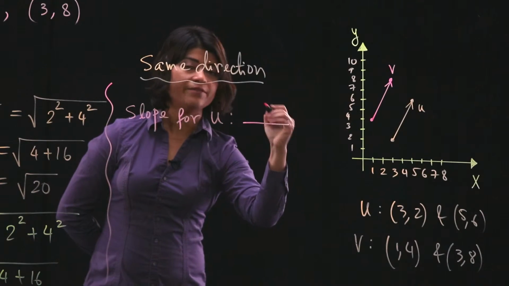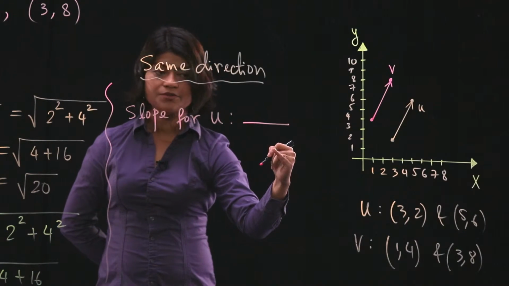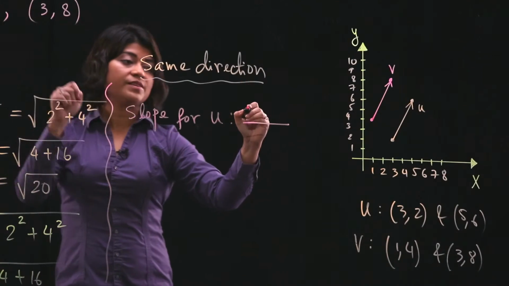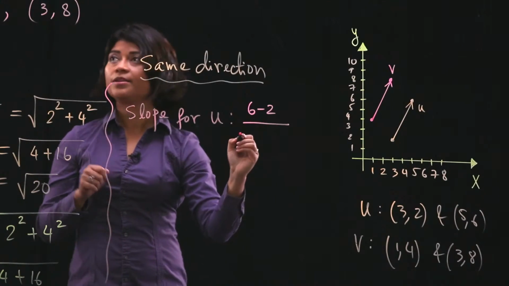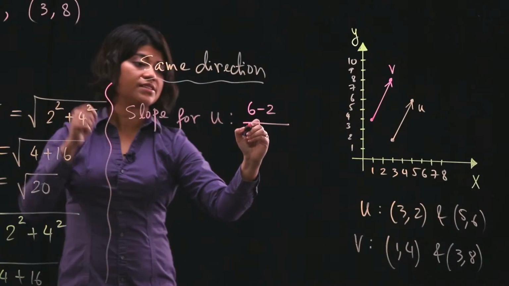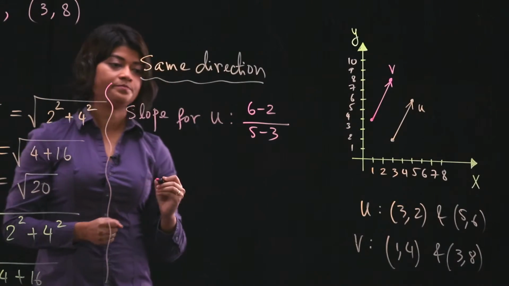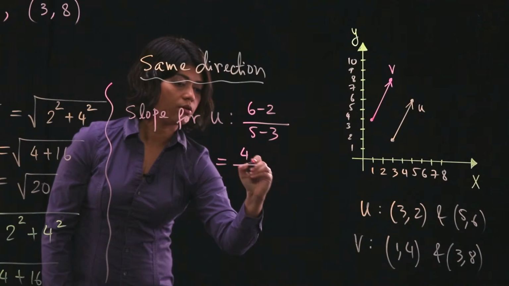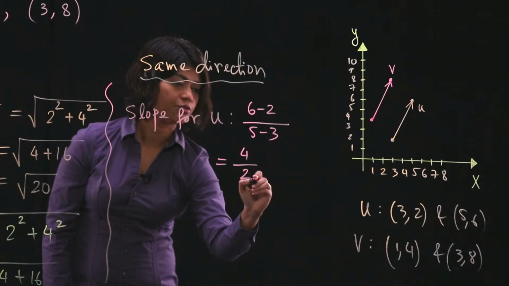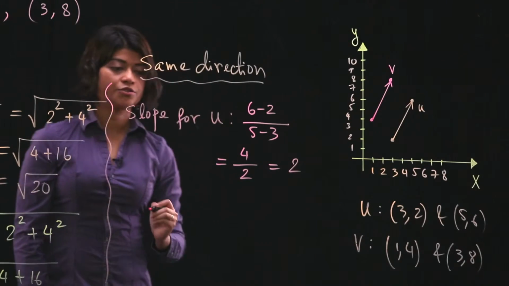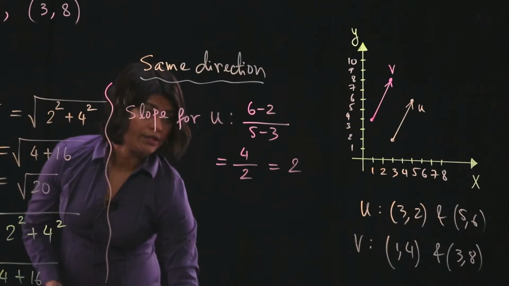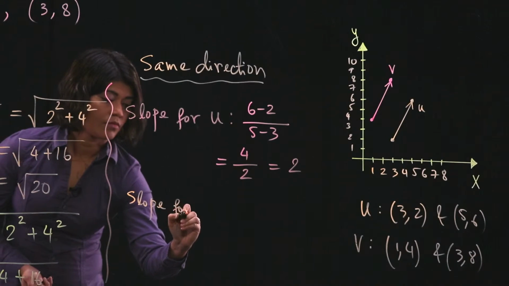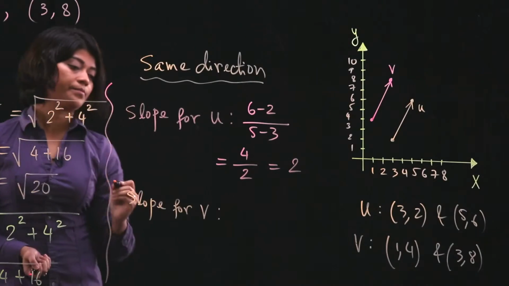Okay, how do we compute slope? It's the difference of y values divided by difference of x values. So the difference of y values for u is going to be 6 minus 2 divided by difference of x values is 5 minus 3. And this is 6 minus 2 is 4 divided by 5 minus 3, that's 2. So the slope is 2. Okay, let's find slope for v.